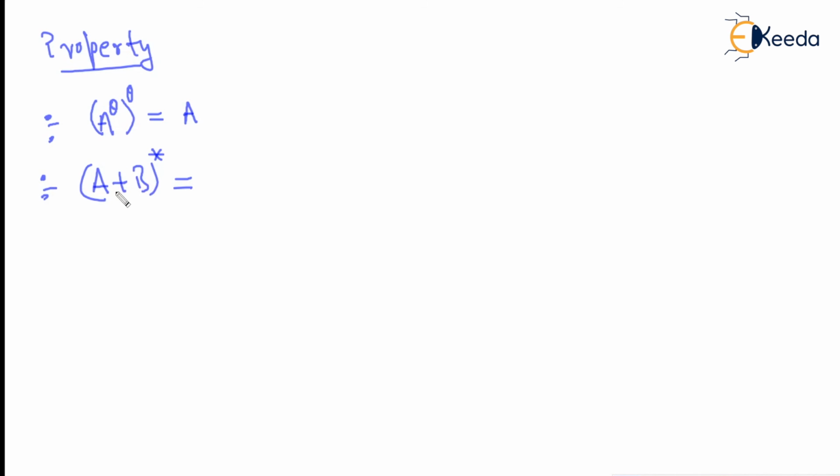So both are independent, and ultimately the transpose conjugate of A plus B is the same as the sum of the transpose conjugate of A and the transpose conjugate of B. For the case of a product, the transpose conjugate of AB, the order reverses, and we can write it as the transpose conjugate of B multiplied with the transpose conjugate of A.